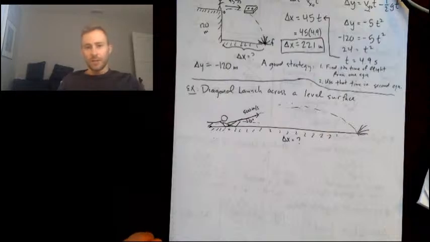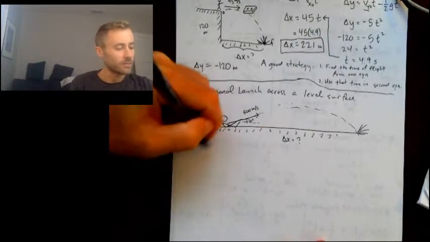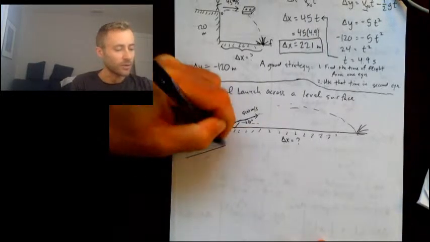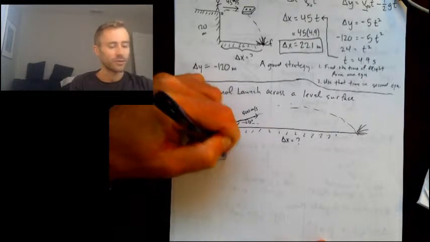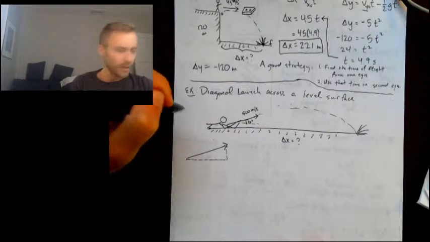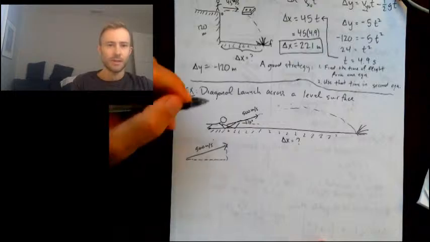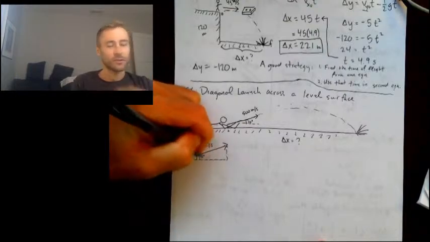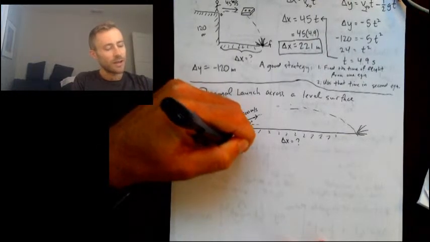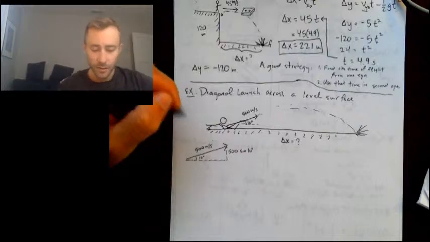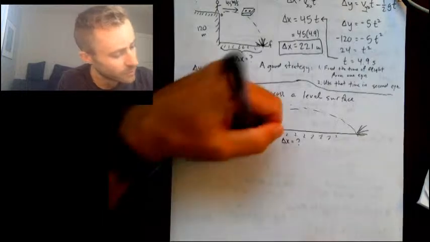So anytime we have a diagonal launch, we want to start off by creating our initial velocity triangle. Okay? So our initial velocity triangle kind of looks like this. Do the trigonometry first, I would recommend. So we have 500 meters per second as the launch speed, and the launch angle is 10 degrees above the horizontal. So the vertical component would be 500 sine of 10 degrees, which is about 87 meters per second.